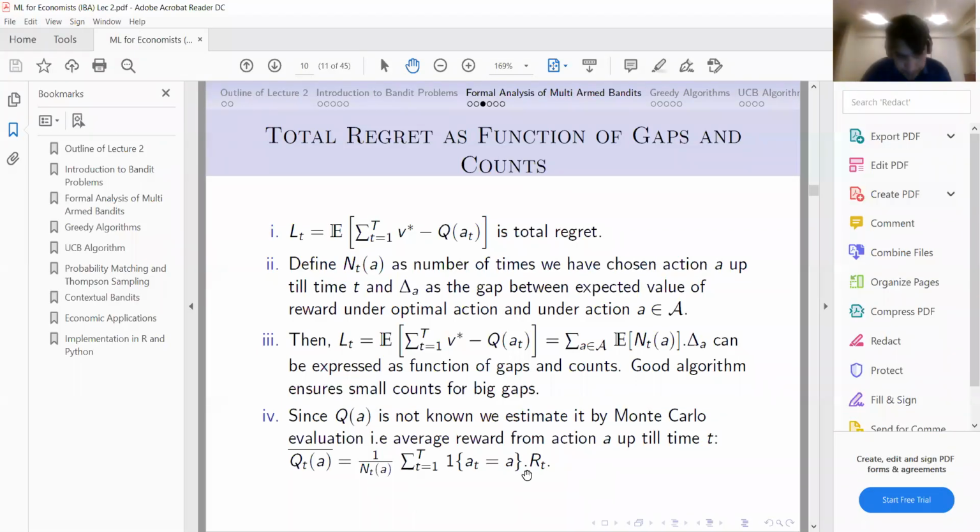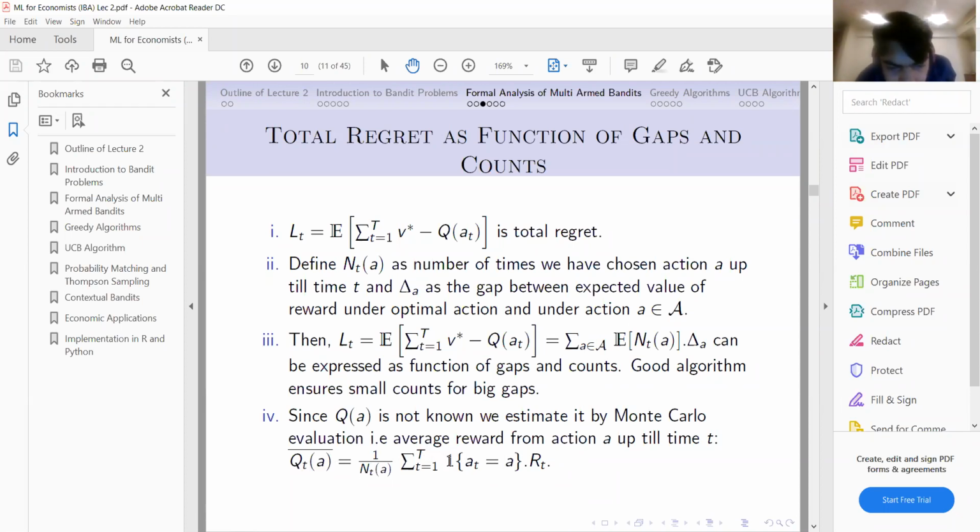So for example, up till capital T, whenever you chose a particular action A, of course, over time, you may not always be choosing this particular action A, in which case, I hope you know what an indicator variable is. I'm talking to the master's students.